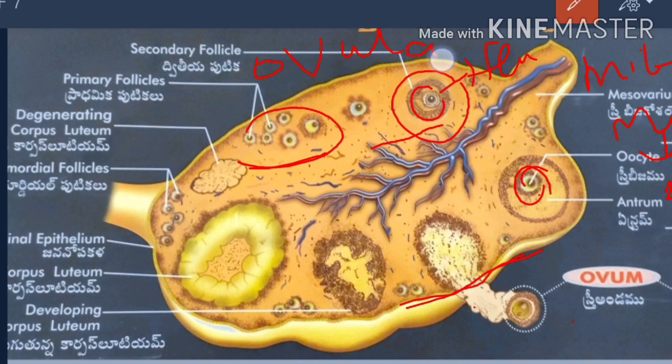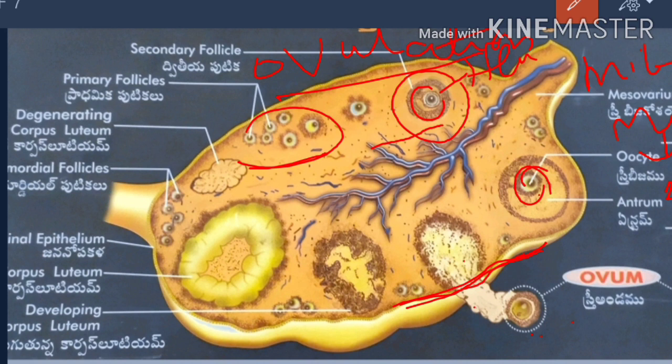Whenever the ovum matures, the Graafian follicle ruptures at the surface of the ovary and releases the ovum or egg. We can simply say that whenever the ovum matures, the Graafian follicle bursts and releases the ovum from the ovary, and this is called ovulation.